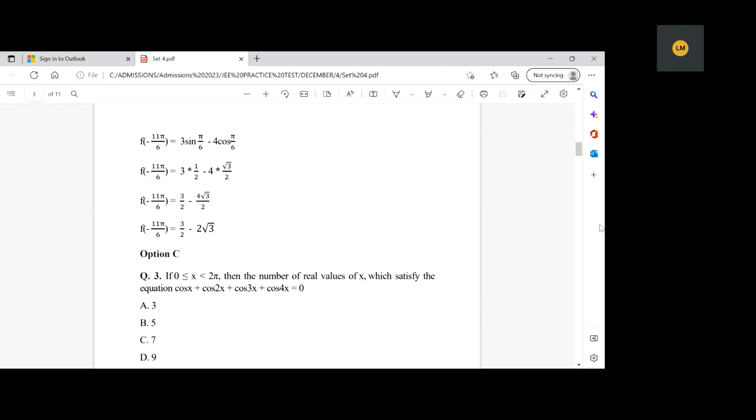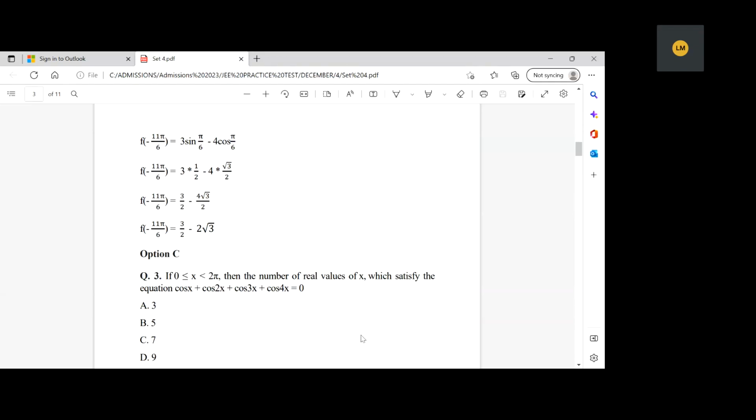Which among this is correct? A lot of students have opted for both of them. Here in the chat box, I could see option A, B, and C, so there are three options that you have opted: 3, 5, and 7.